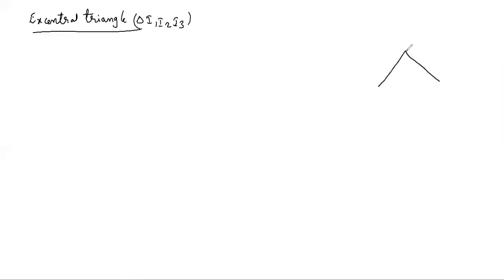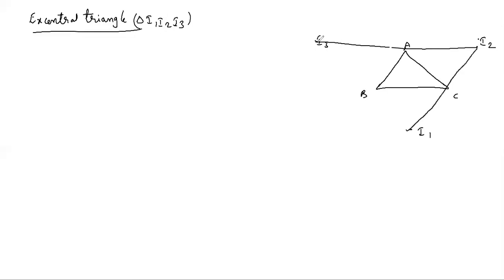Suppose we take triangle ABC. We get the excenter opposite to A, I1, the excenter opposite to B, I2, and the excenter opposite to C, I3. This is called the excentral triangle I1 I2 I3. Now we have to find its sides, angles and area.